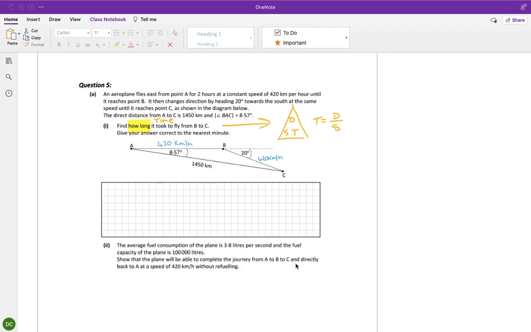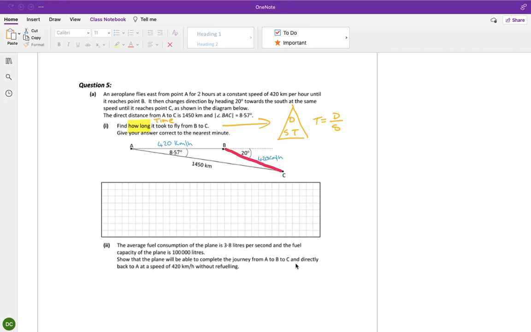So the bit they're asking me for is that bit there. I have the speed. I clearly don't have the time because that's the question. So what I need to do is figure out the distance, right?